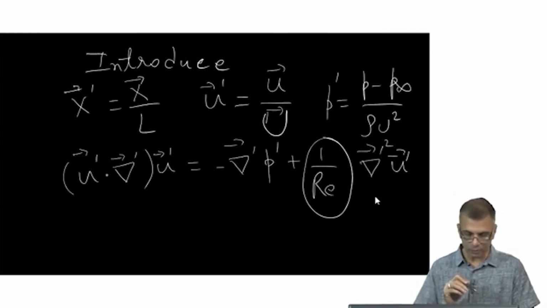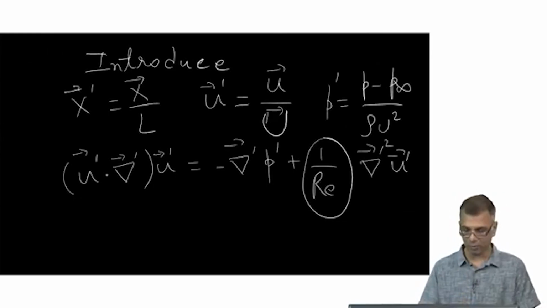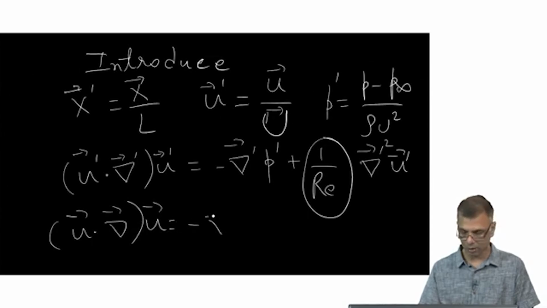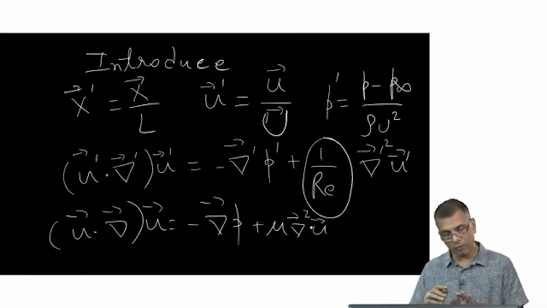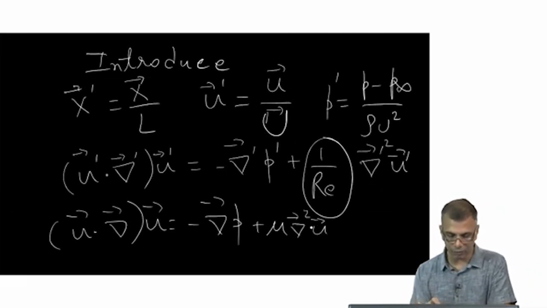If you wish, I can write down the dimensional version of the equation right here, so it'll be a little more obvious: gradient of P plus mu, like that. So compare this and this. It looks very similar, except that you've got primes here and no primes there.